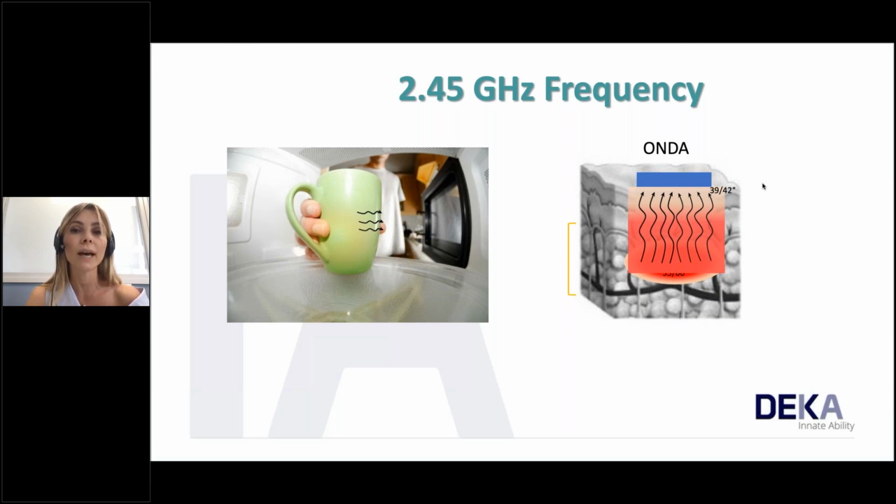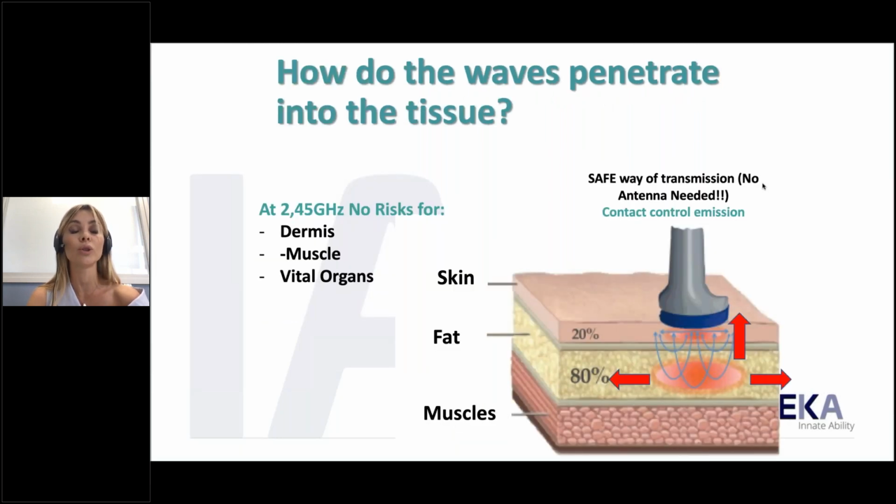In the case of Onda, the transmission must be controlled. And this happens thanks to two electrodes, one in the center of our end-piece, which pushes the microwaves down inside the fat layer, and a second electrode which recalls the microwaves back.